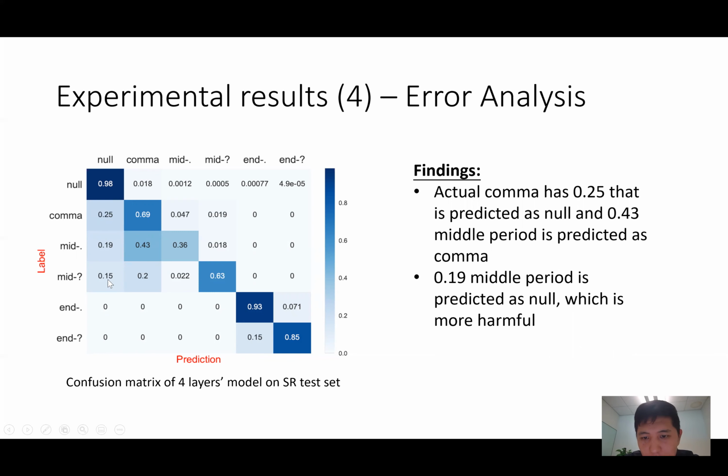At the same time, 19% of middle periods are predicted as none. In my opinion, this is more harmful, as the period is usually powerful and deterministic.